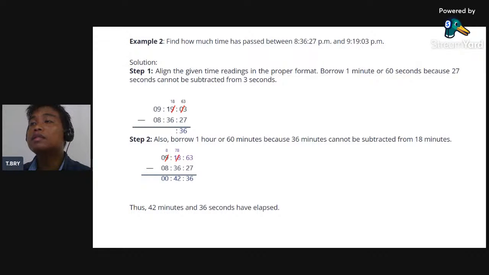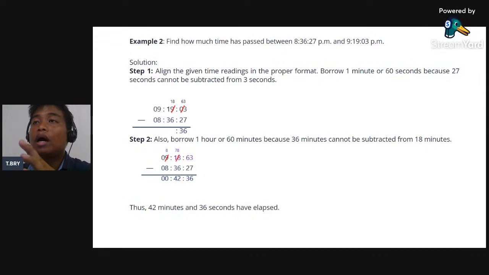Borrow 1 minute or 60 seconds because 27 cannot be subtracted from 3 seconds. So 60 plus 3 is 63. 63 minus 27 equals 36.